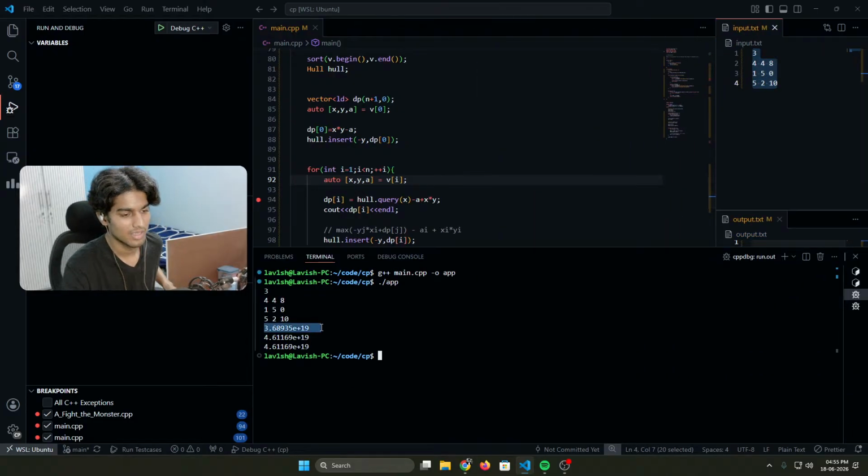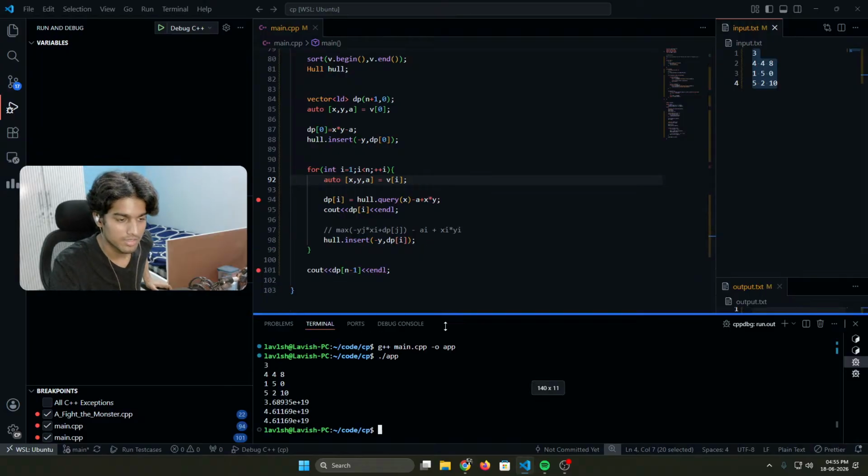What the fuck is this? Why is this coming out to be like fucking infinity? Okay.